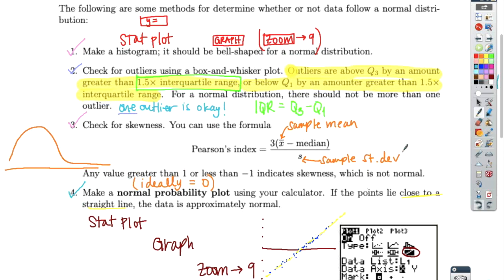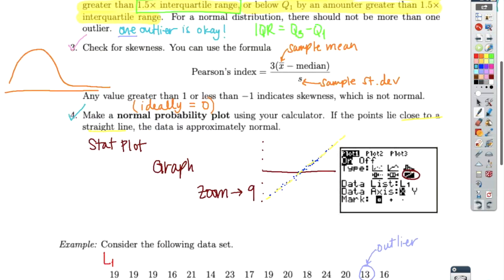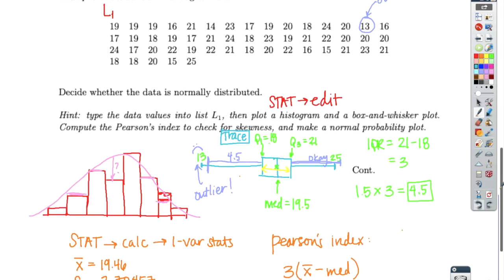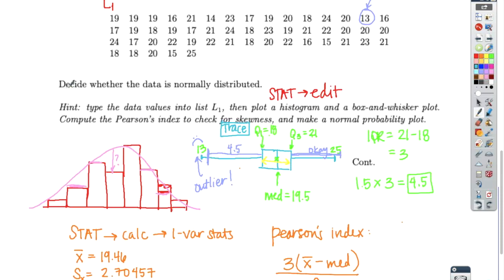And then number 4, we made this normal probability plot, which we really haven't gone over, but all you're looking at is just that it's close to a line. And it is. So we passed all 4 tests, and now we can finally answer this question. Decide whether the data is normally distributed, and it is. We went over all 4 of those tests, and so we can say confidently that this data is normally distributed.